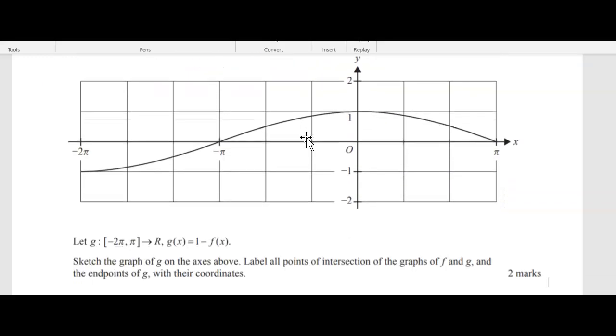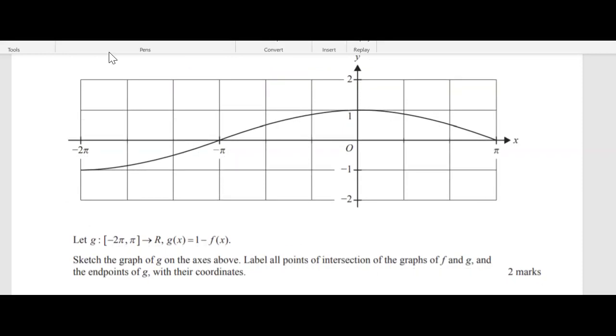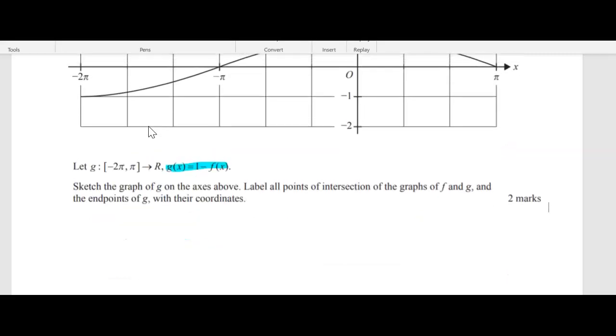All right, let g equal, so we've got another function. Okay, so we've got this function here. So basically this g is going to be, now what do I have underneath?